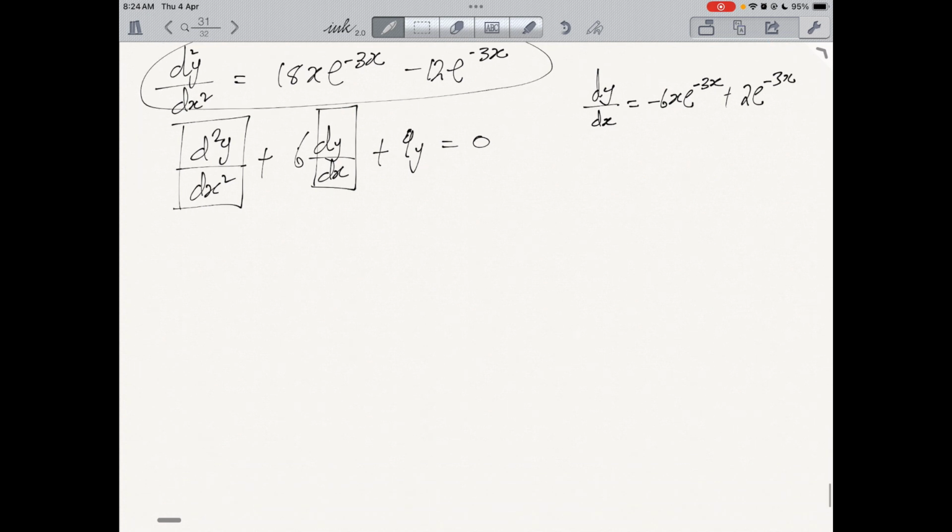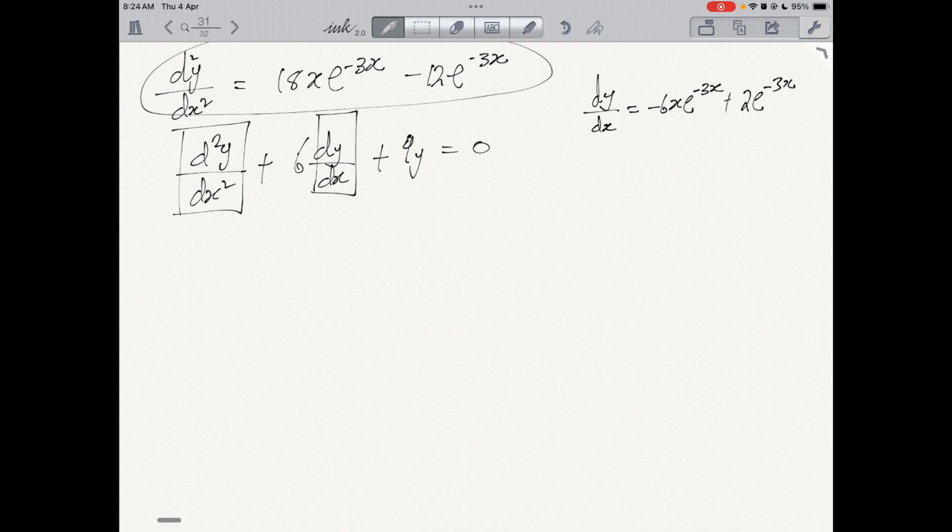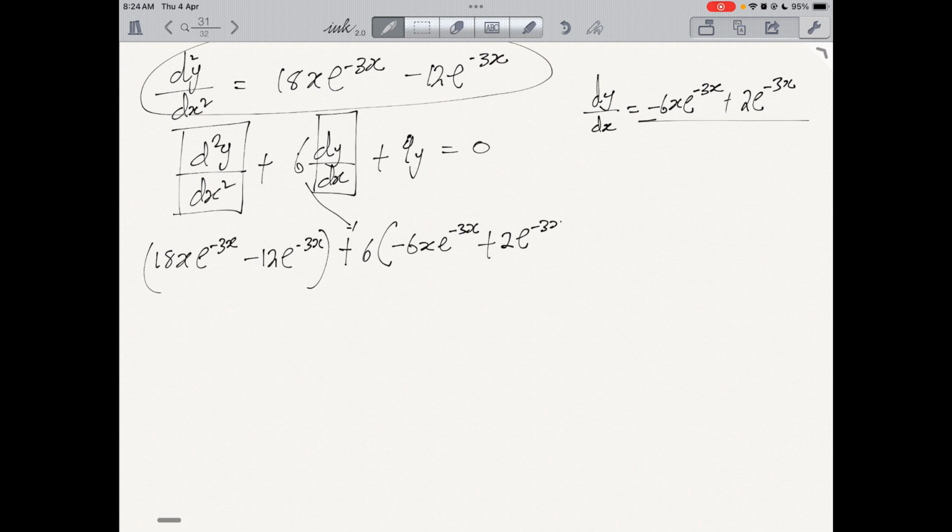Now let's make our substitution. Starting with d square y dx squared, we have 18x exponential minus 3x minus 12 exponential minus 3x, plus 6, and let's make our substitution of dy dx as minus 6x exponential minus 3x plus 2 exponential minus 3x, plus 9.